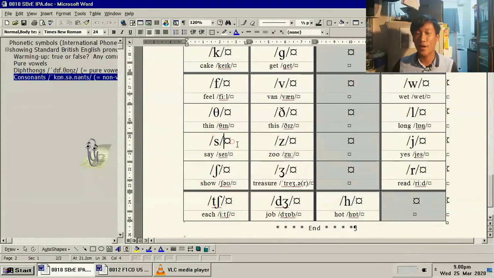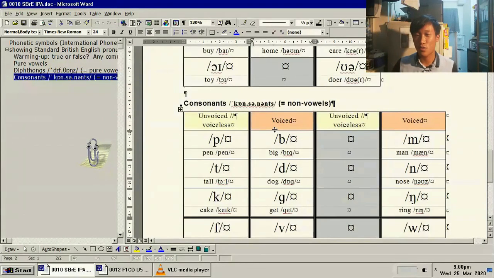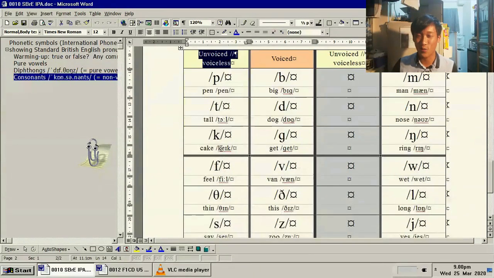It's the same as an S sound, but you have to make it voiced. The s is voiceless. So what does it mean? For voiceless, let me talk about voice first. Of course, you have to use your voice when you speak, right? Does voice mean this? No. Then why do we have the unvoiced sound?